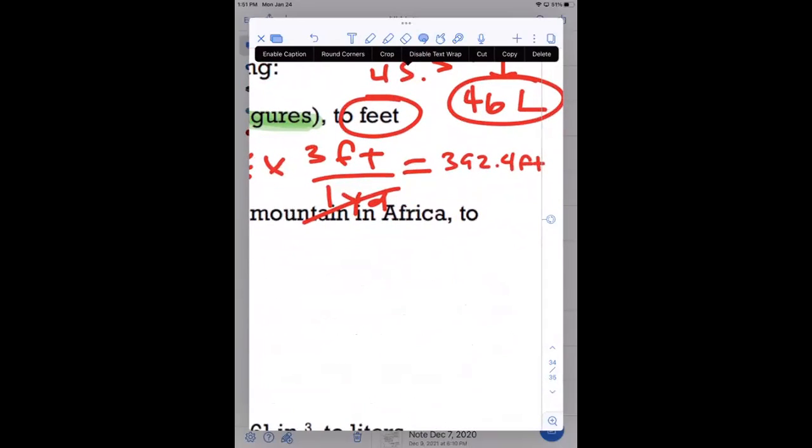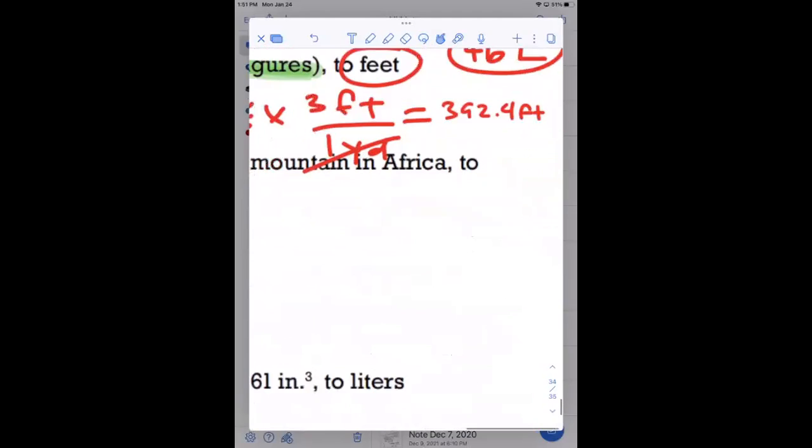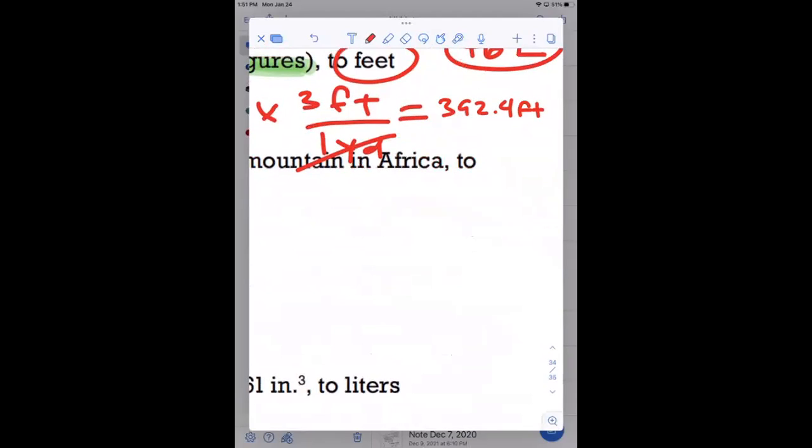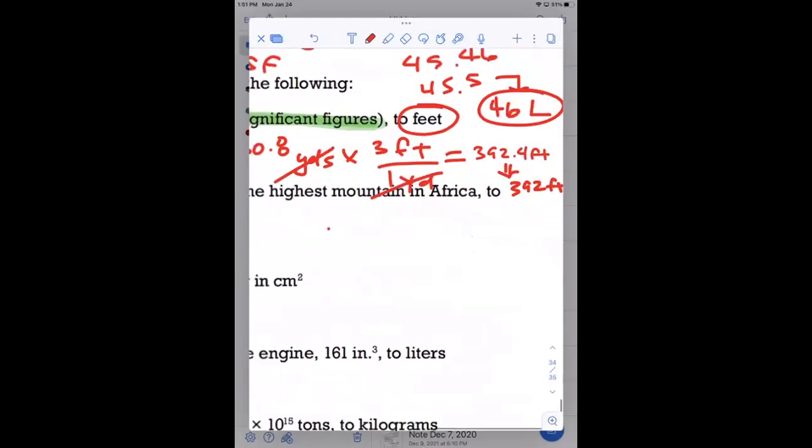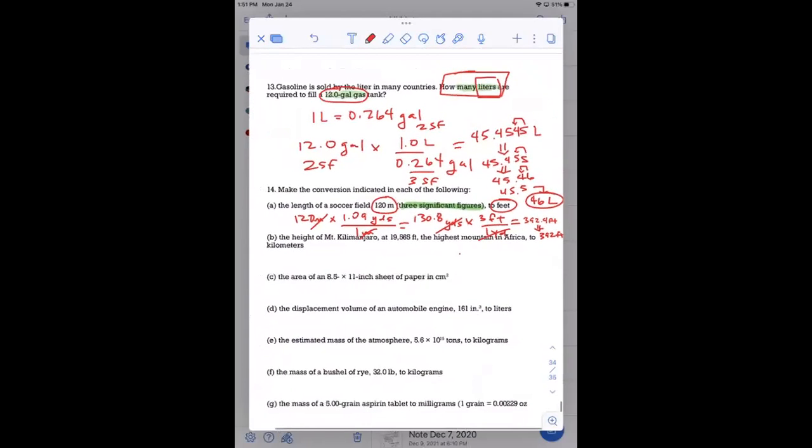Right now, how many sig figs are there in that answer? 4. And we need to get it down to 3. So what can I do? Round. The 4 won't change the 2 to a 3 because it's less than 5. So I'll just say 392 feet. All right, everybody good on that?